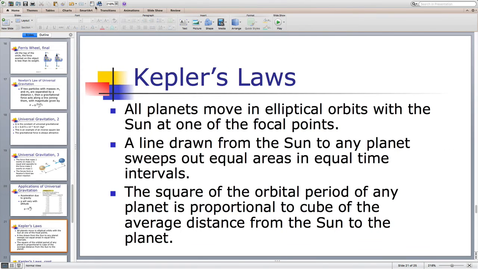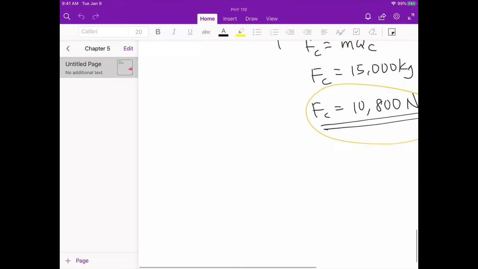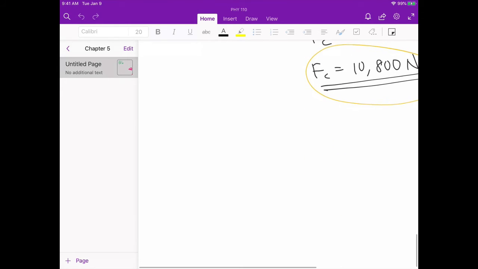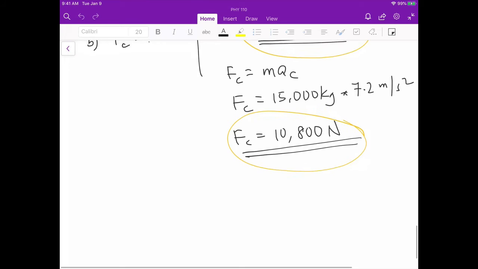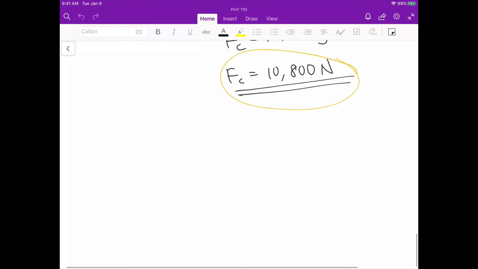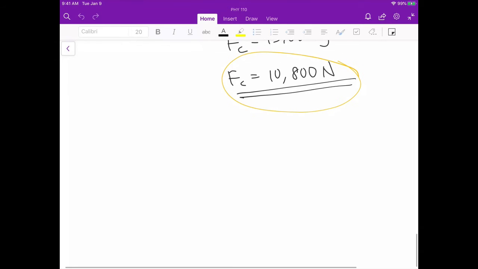Any questions? Let's solve a few problems. So E11 from the text. I'll read it for you.